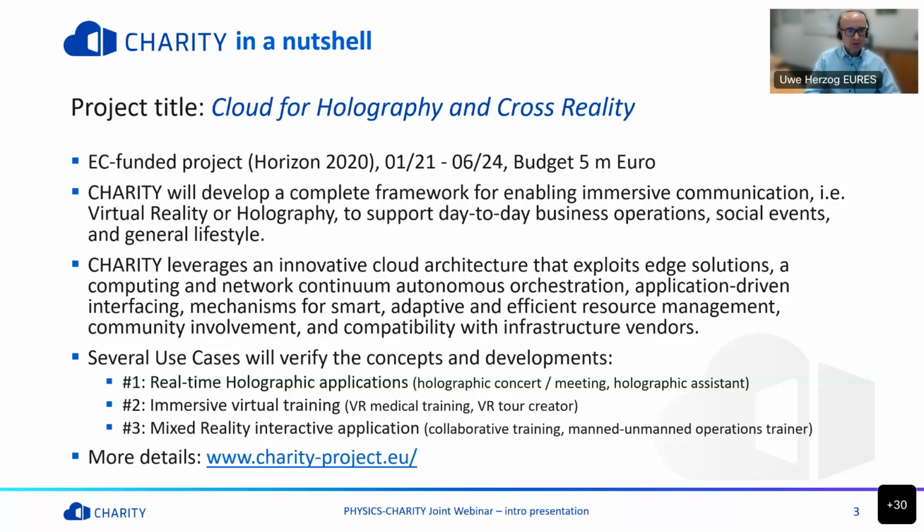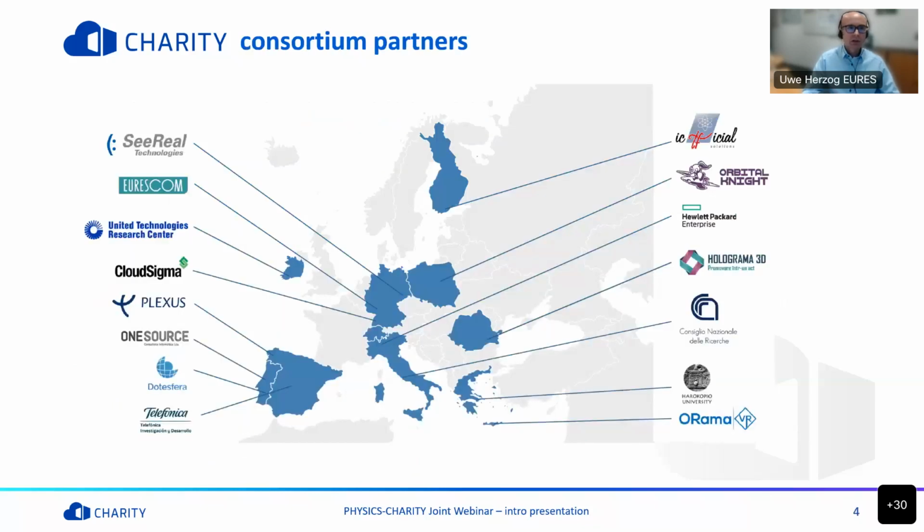At the bottom, you can see the 3 areas of use cases that we have adopted in order to verify our concepts and also what we will develop. First is real-time holographic applications, then immersive virtual training, and finally mixed reality interactive applications. You can find more details about the project at the project webpage. Just a quick look at the partners in the Charity consortium and where they come from.